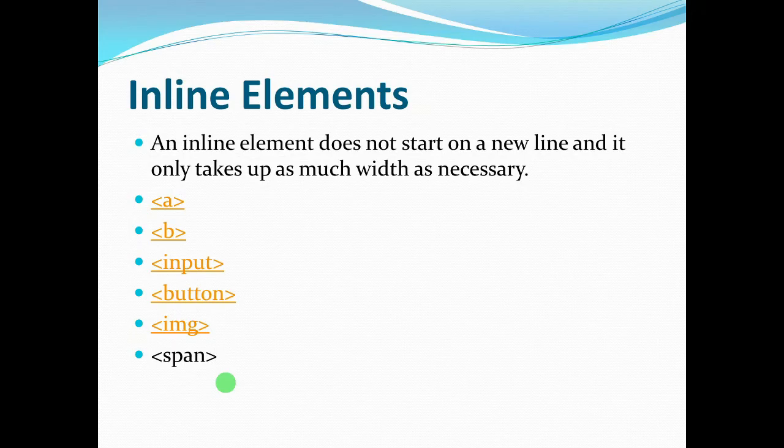Examples of inline elements are the link tag, which is the A tag, the bold tag, inputs, buttons, images, and this one we haven't talked about, the span tag. Okay, but we're going to look at it in the practical aspect. So basically, these are the two types of elements that exist, and let's get into the practical and see how they behave.